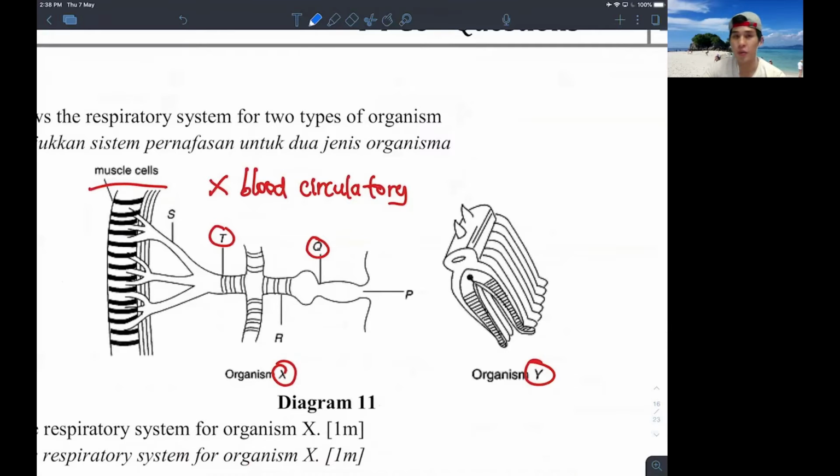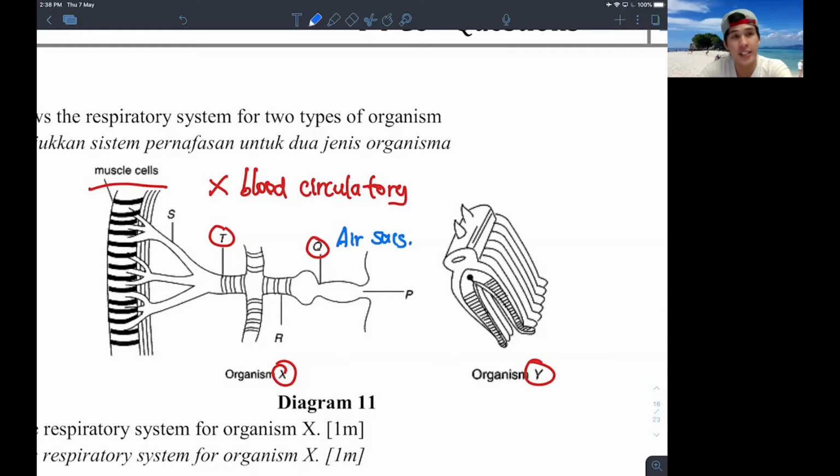I told you this is like the pump inside the tracheal system. Remember, this pump is called what? Yes, it is called the air sacs.